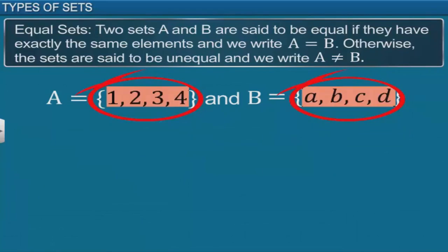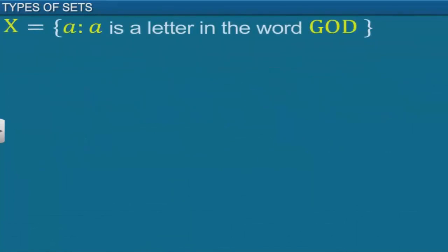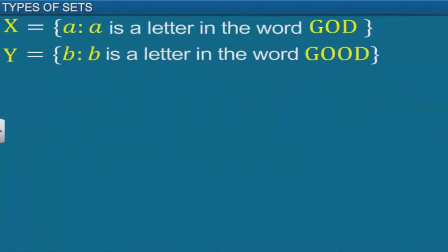As another example, let's consider two sets as shown. Set X consists of the letters of the word God. Set Y consists of the letters of the word good. While representing a set, we do not repeat the elements.